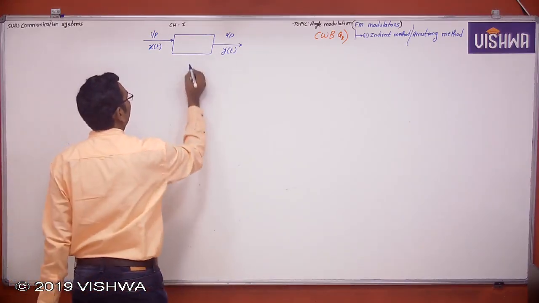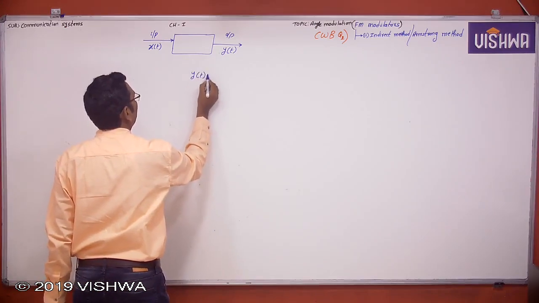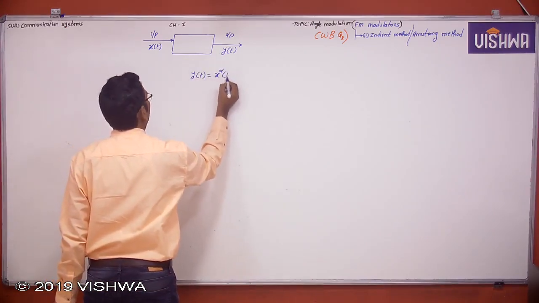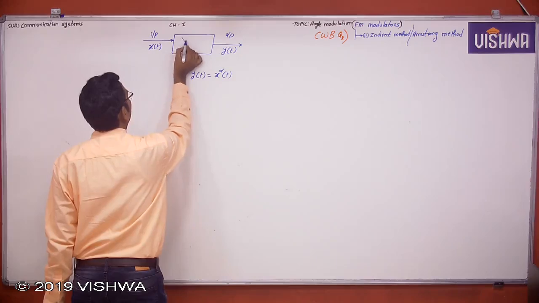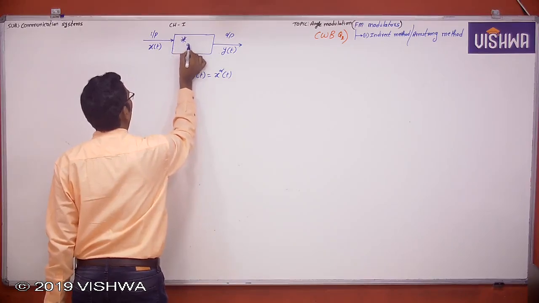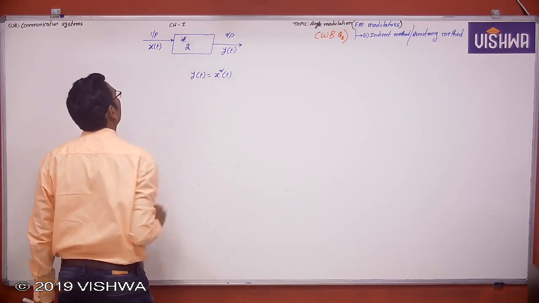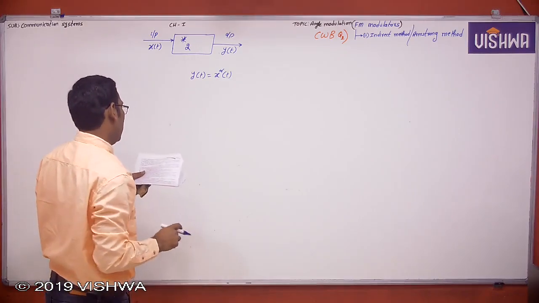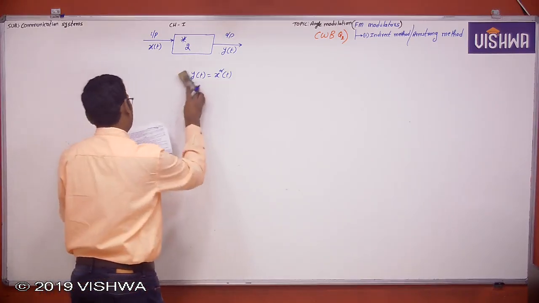This is nothing but a square law device, or a multiplication factor of 2. Okay. Now this is a device which is characterized by y of t equal to x square of t.